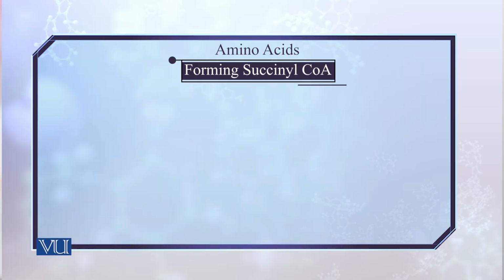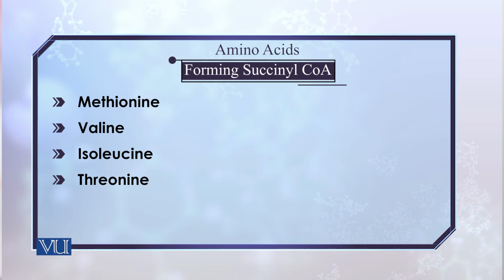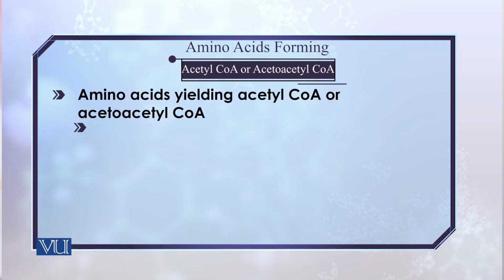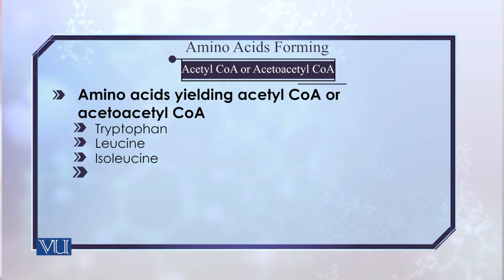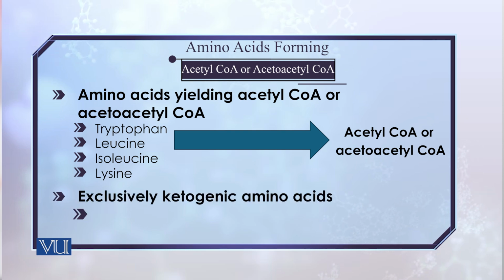Then there are the amino acids which form succinyl CoA, like methionine, valine, isoleucine, and threonine. Then there are the amino acids whose catabolism leads to the formation of acetyl CoA and acetoacetyl CoA, like tryptophan, leucine, isoleucine, and lysine, out of which two amino acids of the 20, lysine and leucine, are purely ketogenic.